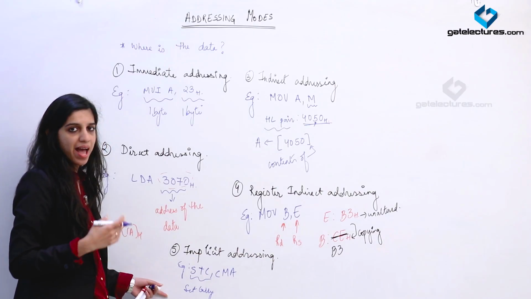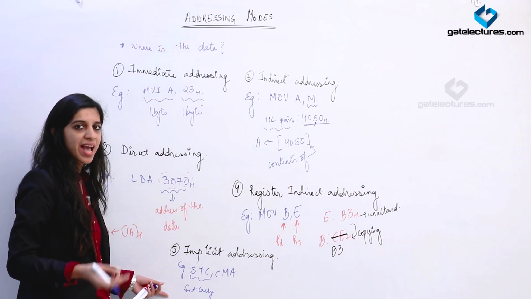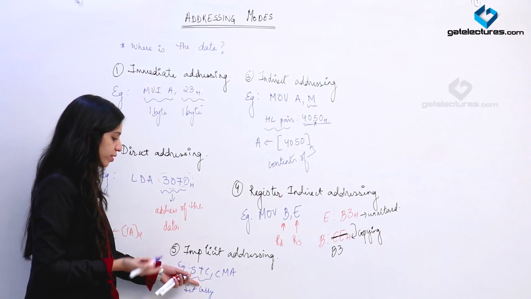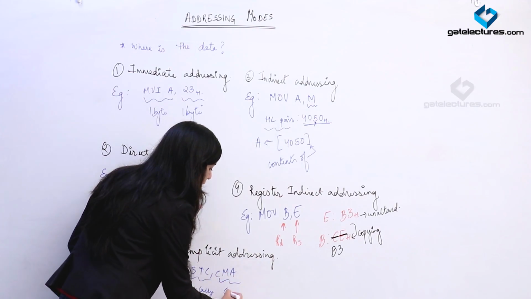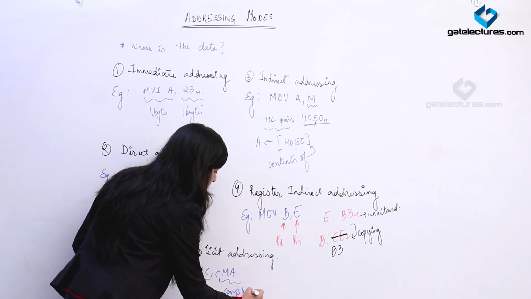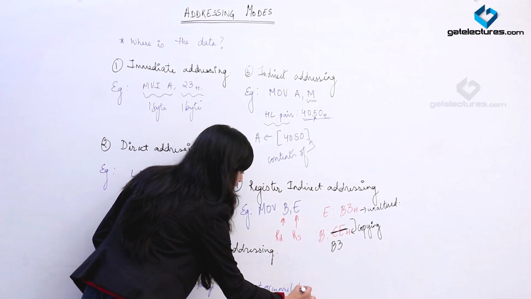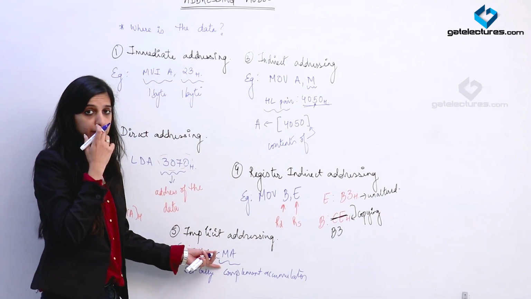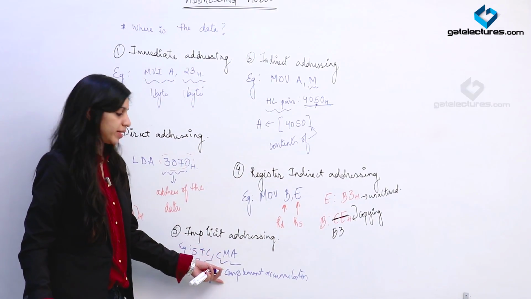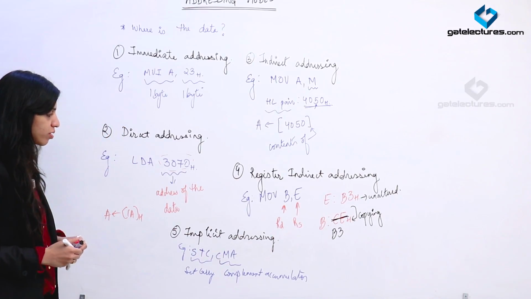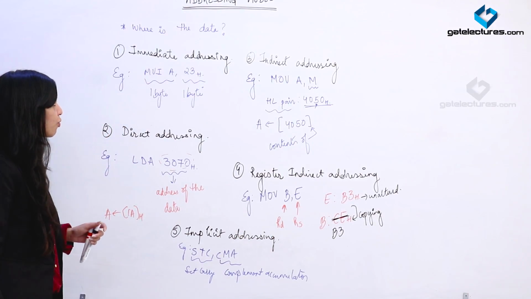We have a flag register in which there is a carry flag. After execution of this instruction, this carry flag will become 1, just that. CMA is complement accumulator, so all the contents of the accumulator are going to be complemented after execution of this instruction. So these are the 5 addressing modes that you need to know.